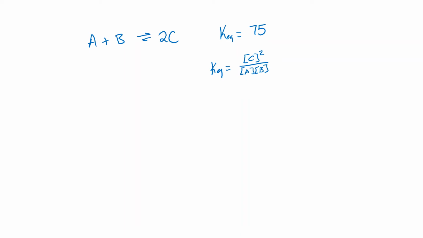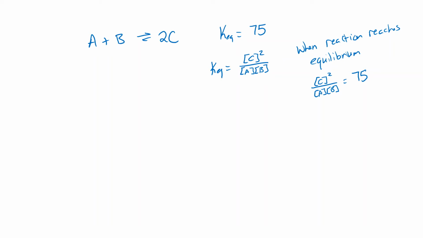What this means is that when the reaction reaches equilibrium, these two things are equal, right? The concentration of C squared over the concentration of A times the concentration of B equals 75. When the reaction is not at equilibrium, then we know that it's going to move toward this number.